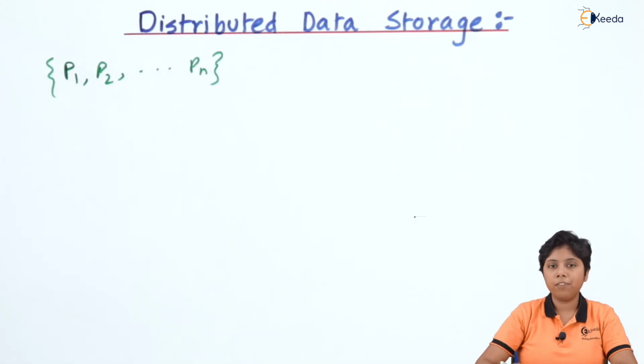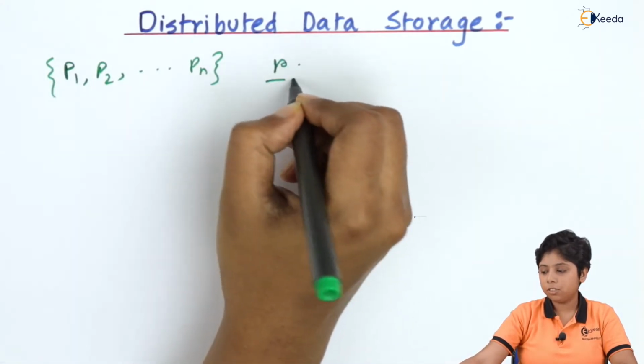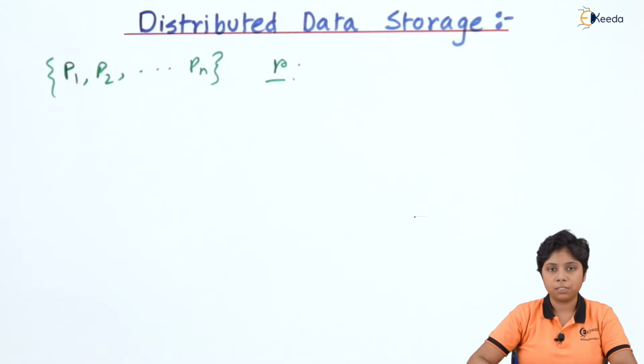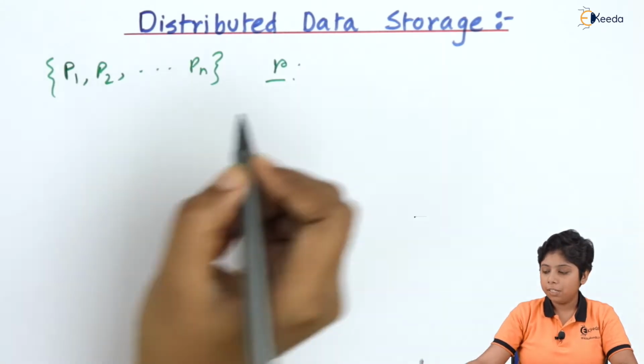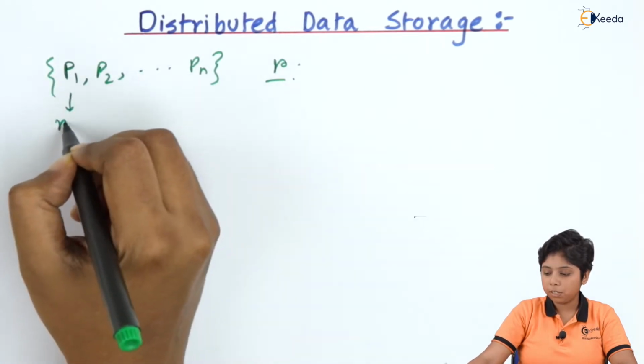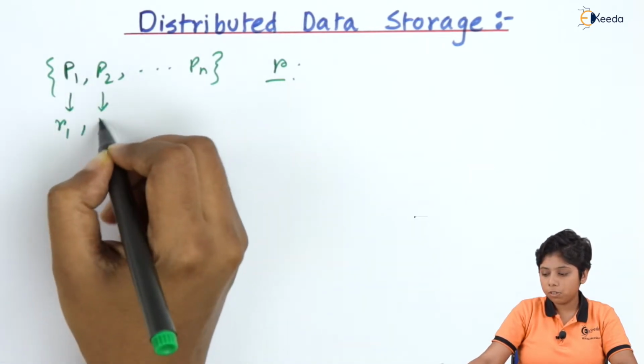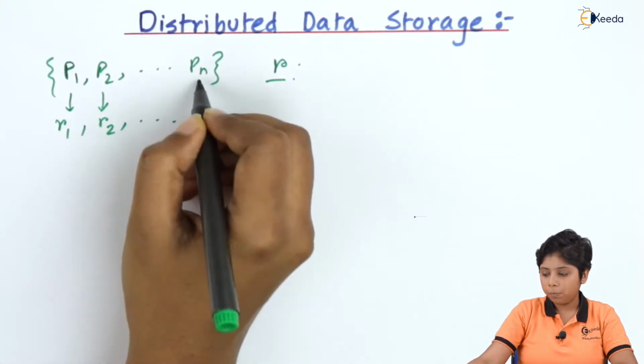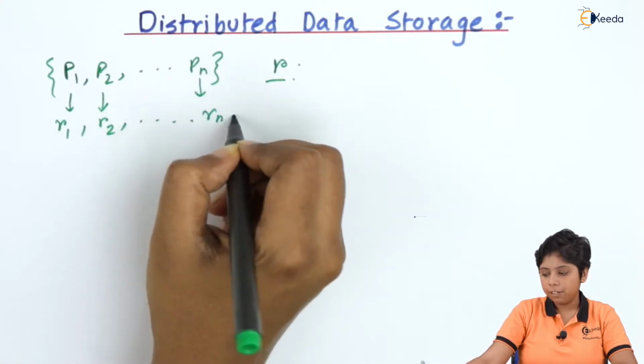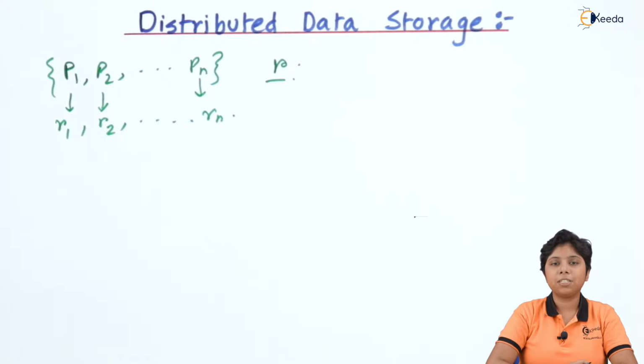Now we have the relation R that needs to be accessed by each of these processors. Within replication, we can have a replicated copy R1 with P1, R2 with P2, and Rn with Pn. That means each of the processors has its own replicated copy.